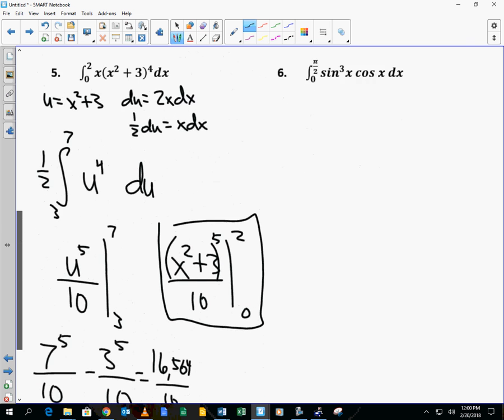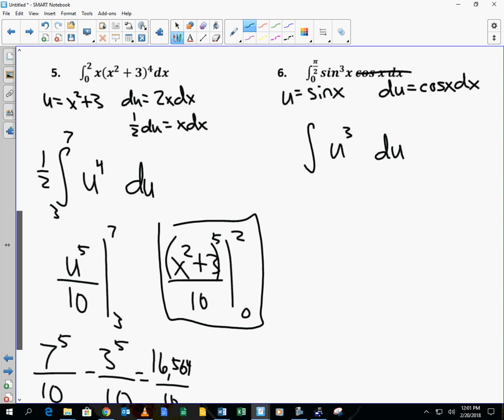All right. Last example, we try number 6. What is u? Very good, Callan. Sine of x. What's du? Cosine of x dx. Do I have a cosine of x dx? I do. So I get rid of it, and I have the integral, and I have du. What remains? U to the third. Change my bounds.